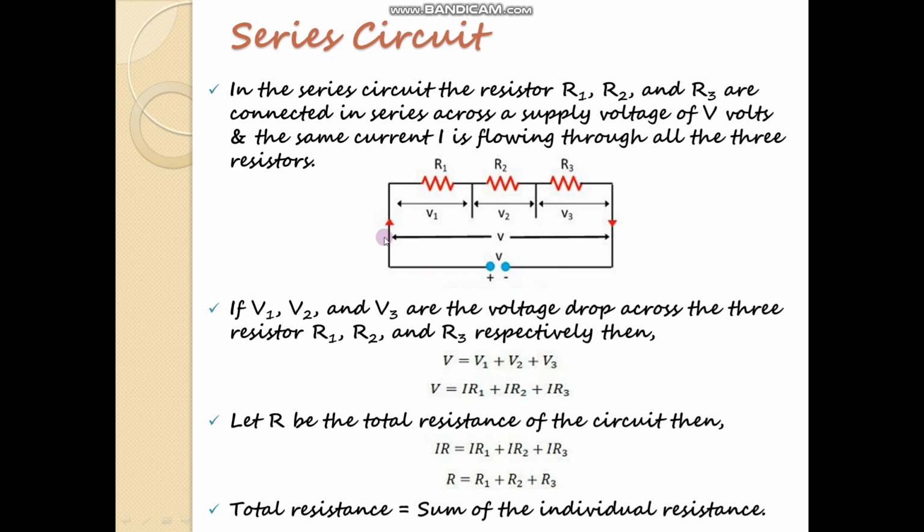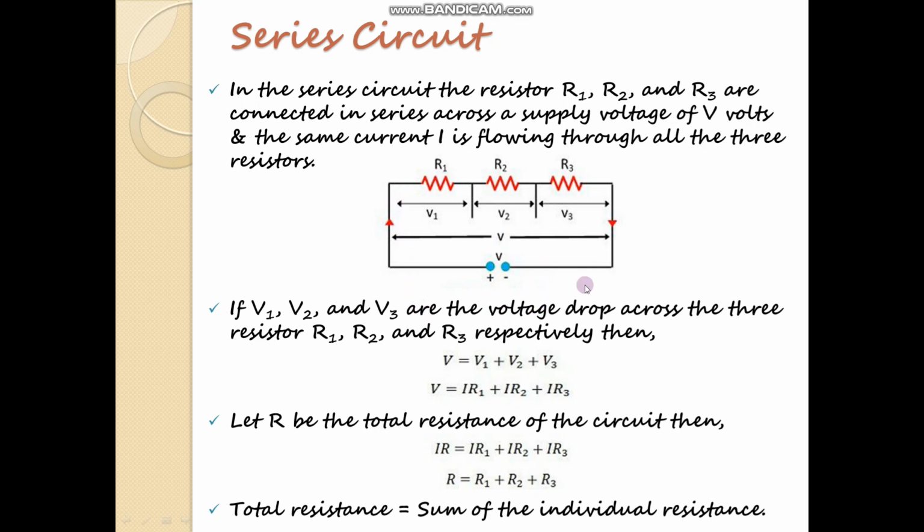In a series circuit, the current remains the same. Now, the three voltage drops are there. V1 is the voltage drop across R1, V2 is the drop across R2, and V3 is the drop across R3. The summation of all the three voltages V1, V2 and V3 must be equal to the supply voltage V.